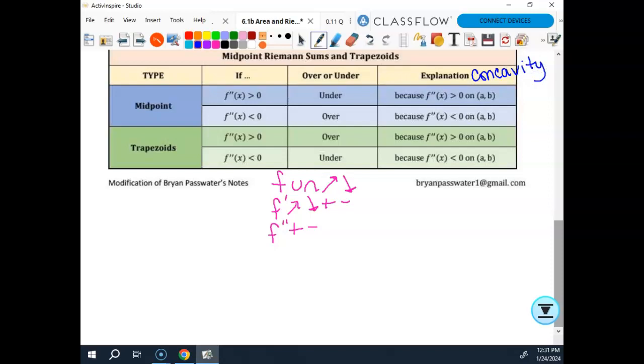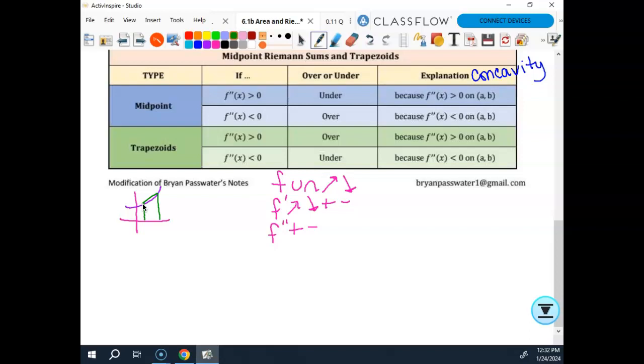And again, let's draw ourselves a trapezoid. I think that those are a little bit easier than the rest. And I will just draw a picture just like I had before, like this. If I'm going to draw a trapezoid, we go from here to here, and I connect those, you can literally see, with that being concave up, is that an overestimate or an underestimate? Over.